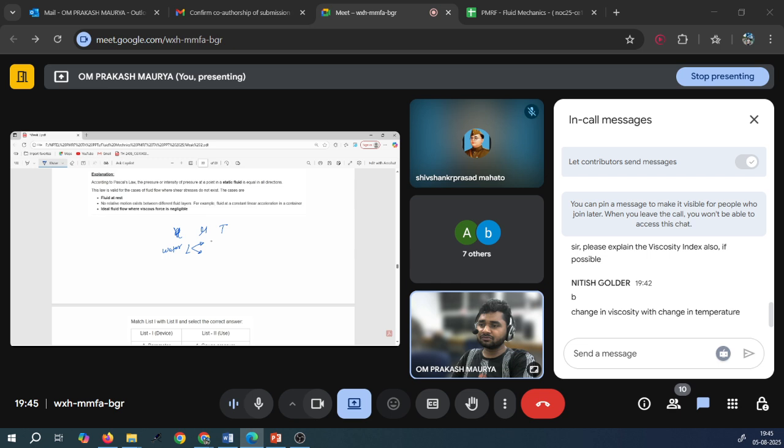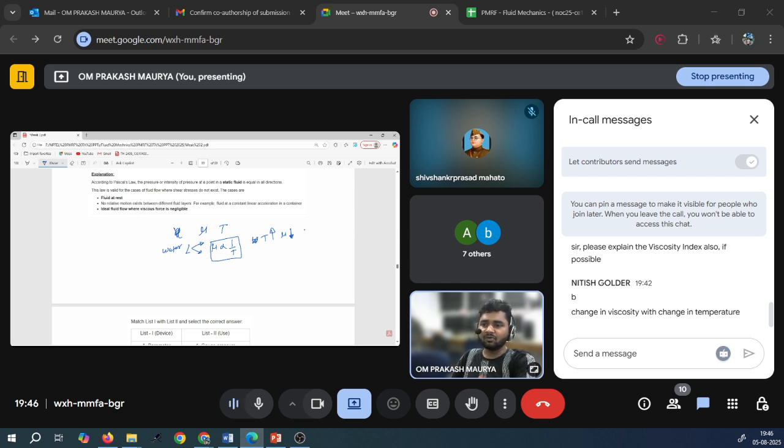So as your viscosity will increase, I'll write the relation: mu is inversely proportional to 1 by T. Means in case of liquid, if temperature will increase, the viscosity will decrease. And why does the viscosity decrease?